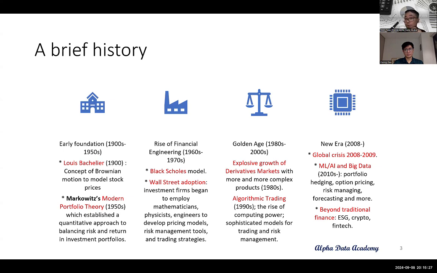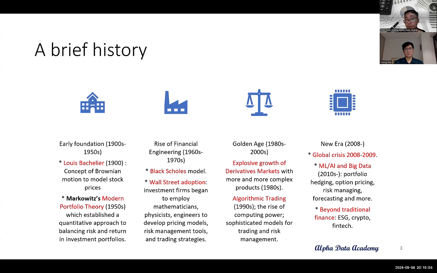We started with the global crisis in 2008 and 2009, and many things changed. I was not in the field in this period because I had just finished my undergraduate study, but many things changed with the global crisis.